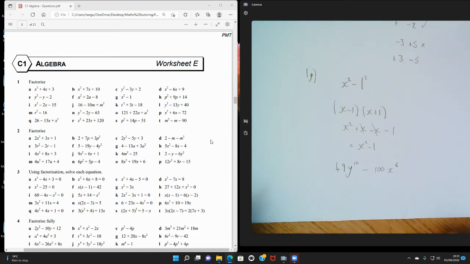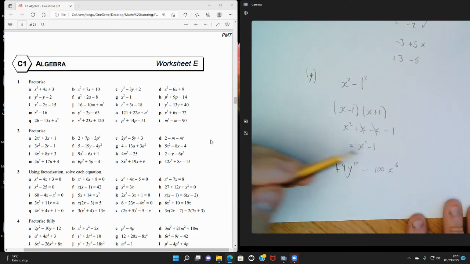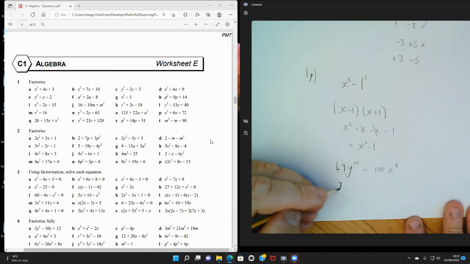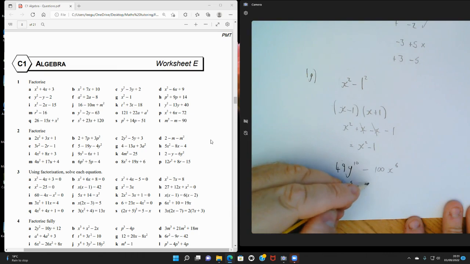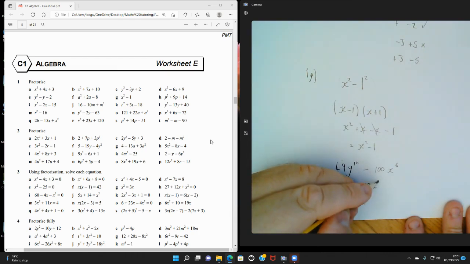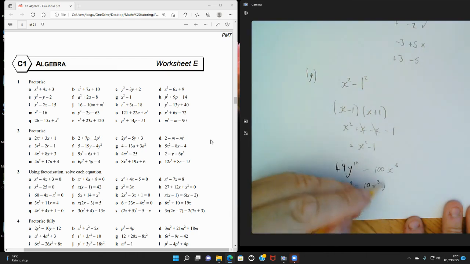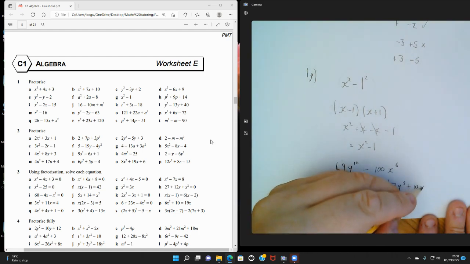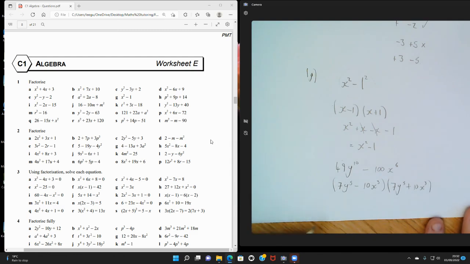Now, using the same principles that we've examined in the previous example, this would factorize into 7y to the power of 5 minus 10x cubed, multiplied by 7y to the power of 5 plus 10x cubed. And if I was to multiply that whole expression out I would get back to this original expression.